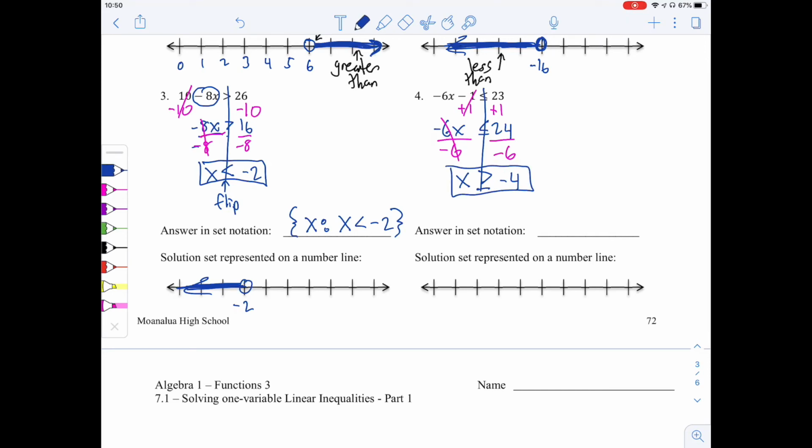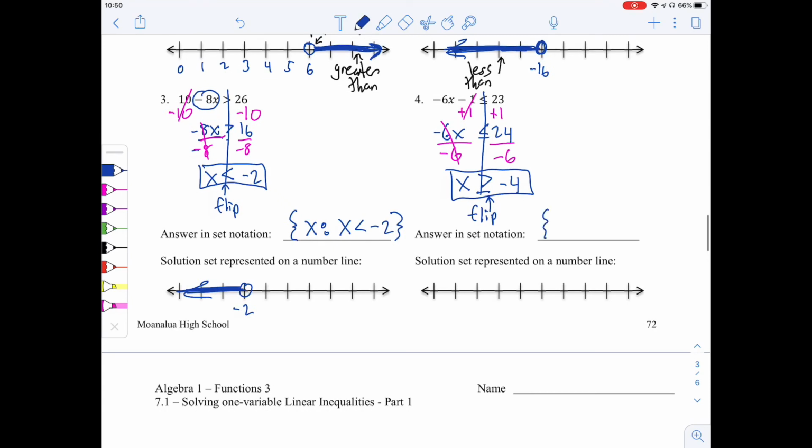Right, so remember, we got to flip this because we divided by a negative. Okay, in our set notation, it's going to be x such that x is greater or equal to negative 4. And our number line, we can make this negative 4 and it's greater or equal to, so this is going to be closed circle.